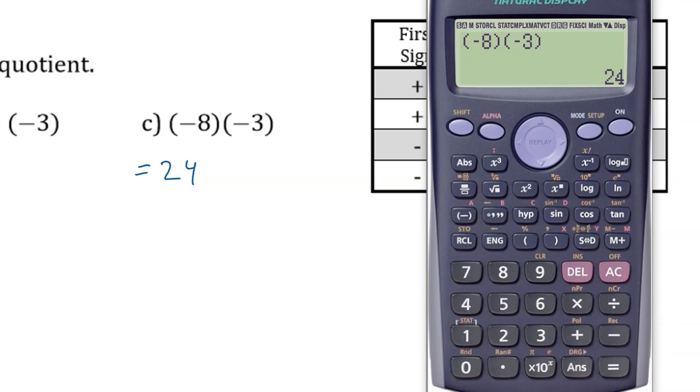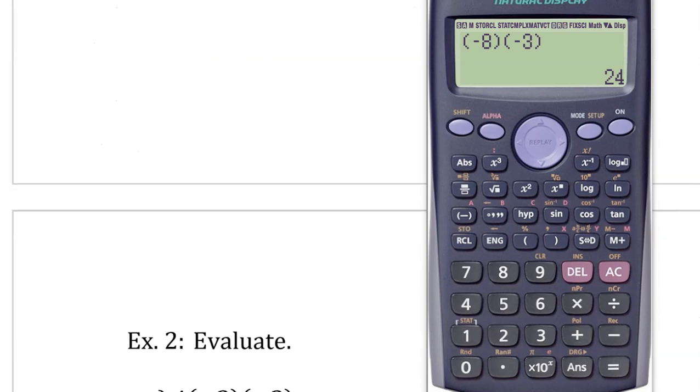You can't use your calculator for them. Not really. It would take a long time. So I would caution you on that, and I would strongly recommend that you try to do some of this mental math in your head. At least understand that two negatives makes a positive, or a positive and a negative makes a negative. At least know that rule. If you have to do the multiplying on your calculator, then that's what's going to happen.